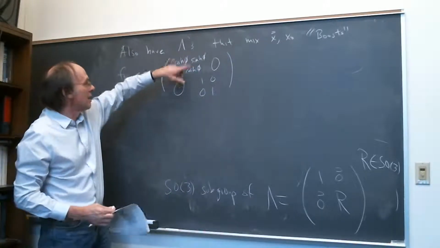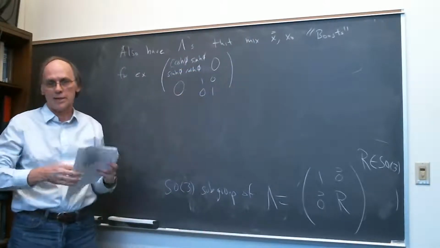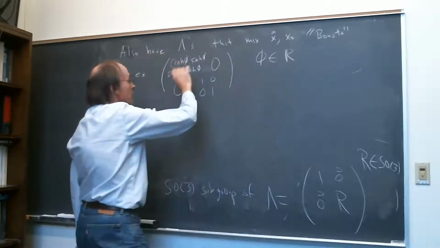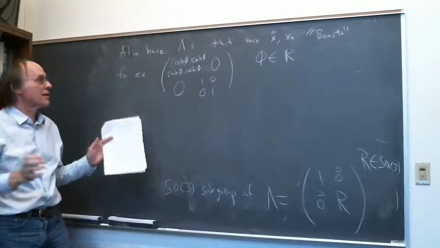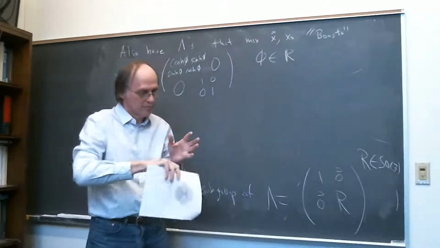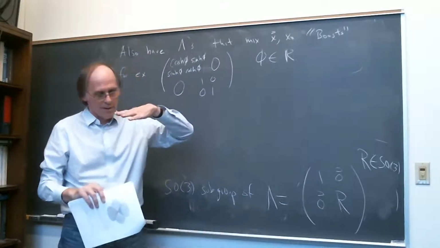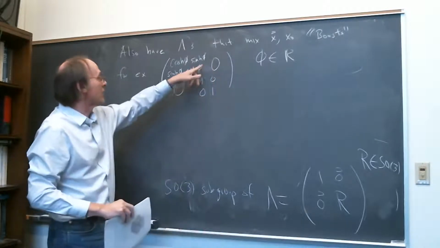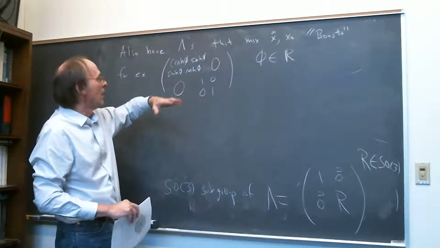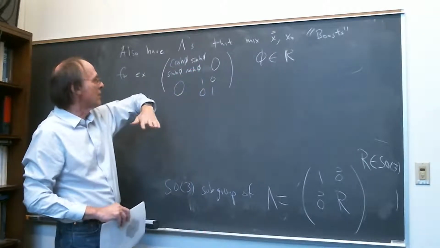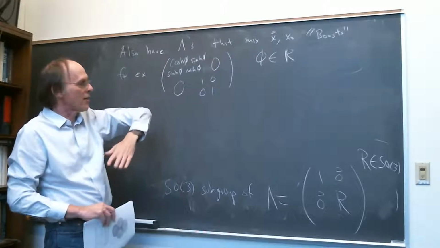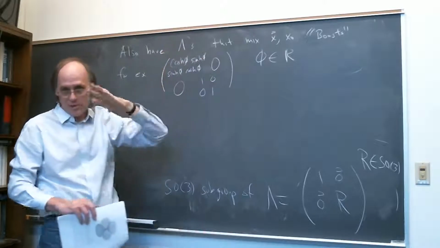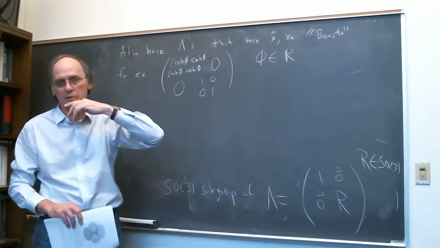Phi is not an angular variable, it's a real variable, so this is not periodic. Boosts don't correspond to a rotation of the vector, but to a transformation which, if you think of it as a velocity vector, makes the velocity bigger and bigger, asymptotically approaching the velocity of light as you go off to infinity.